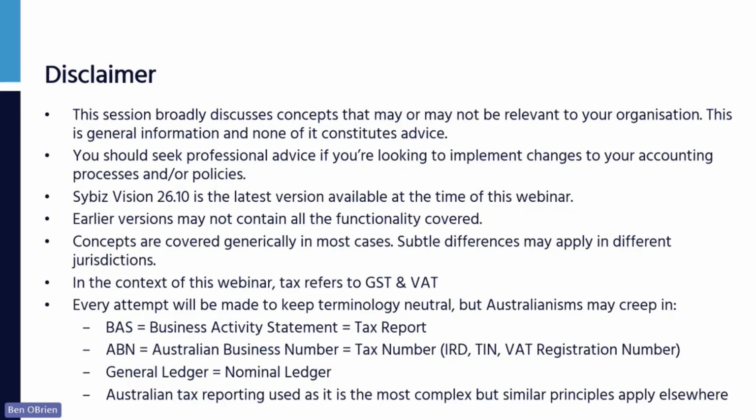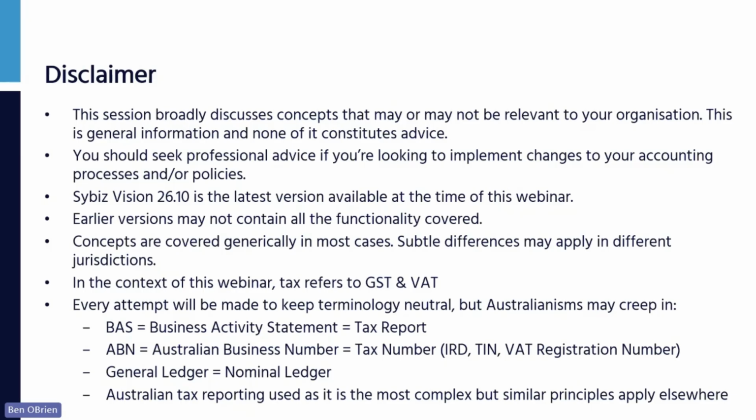Unfortunately or fortunately, we are tackling tax from an international perspective. So when we talk about tax, we're referring to GST and VAT and those types of taxes. Our head office is based in Australia, so a lot of Australianisms will creep in.